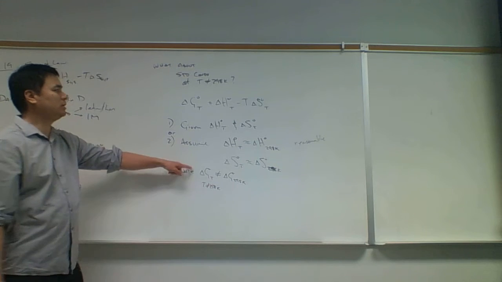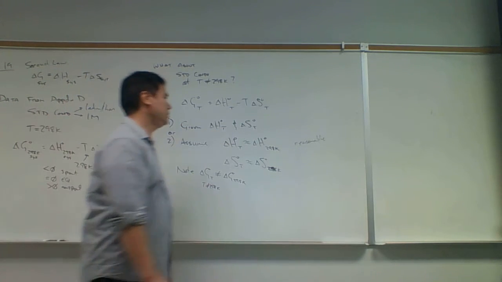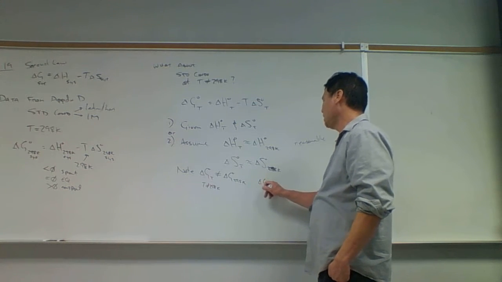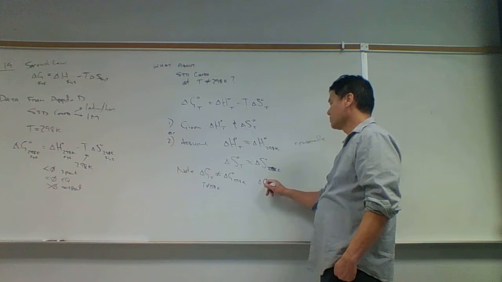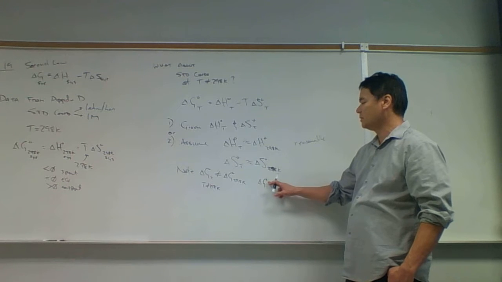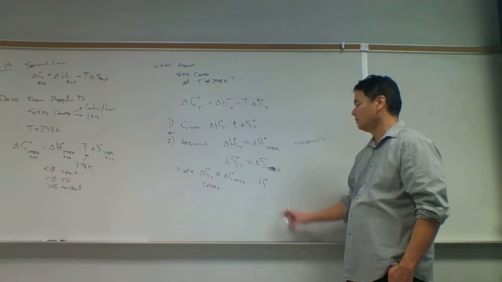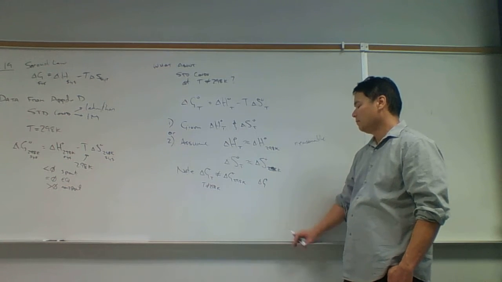Delta G naught changes dramatically with temperature. Delta G doesn't have to be restricted to standard conditions. Delta G under any conditions, when I put this little superscript here, I restrict it. This is unrestricted, so it could be at standard, or it might not be at standard.